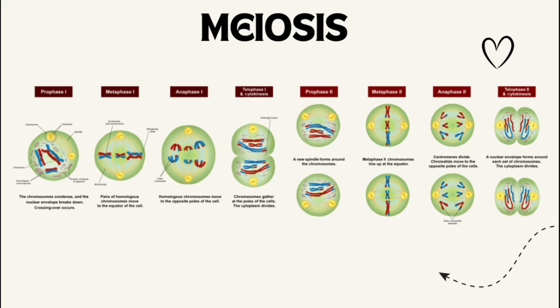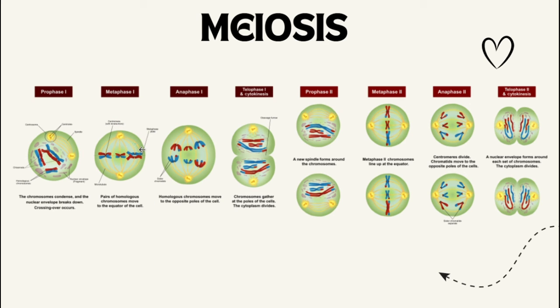Metaphase 1, same thing: they line up at the equator, in the middle, and then we have the centrosome, what I talked about earlier, and the centrioles, right? In metaphase, the centrosome is going to extend the spindle fibers, and chromosomes are going to line up at the equator, right? Now there's something very important here.